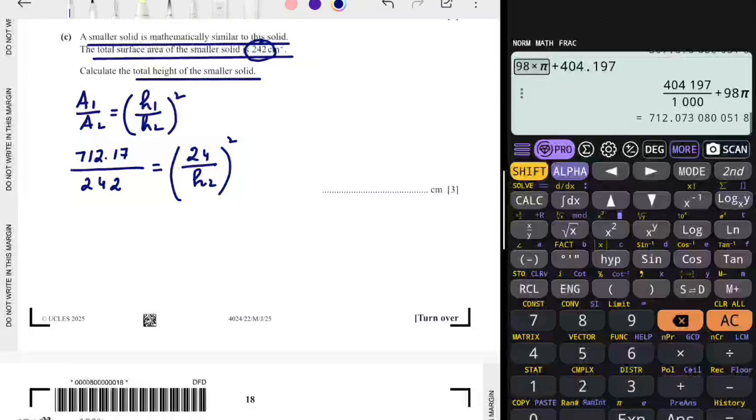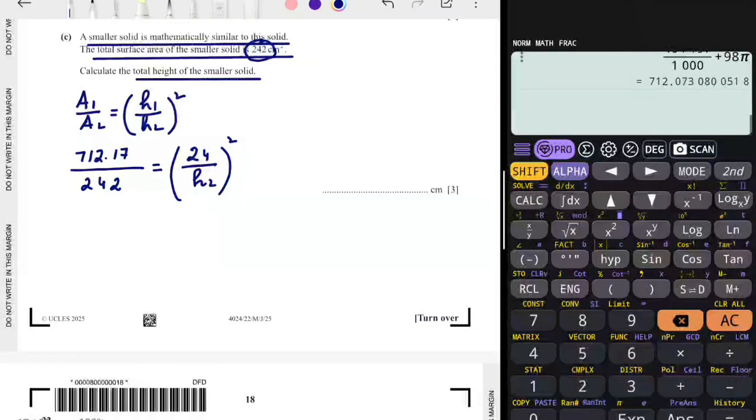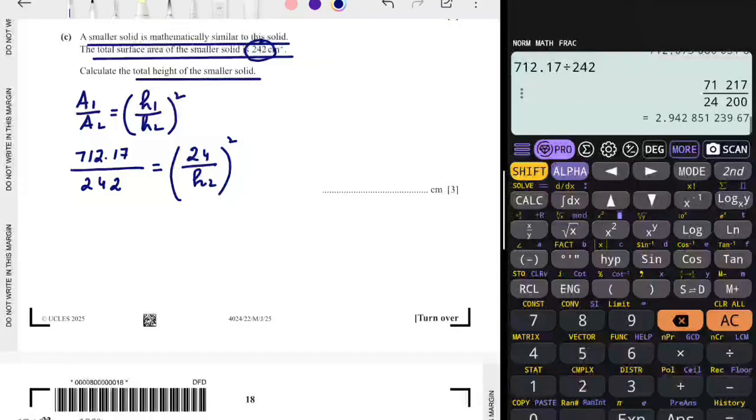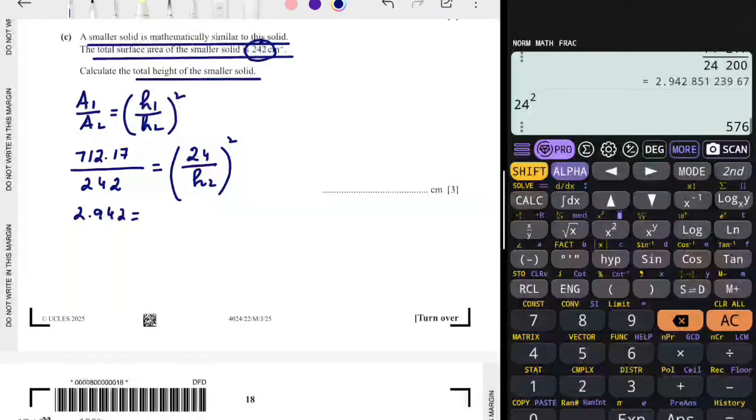So we can solve it. 712.17 divided by 242, so this becomes 2.942 is equal to square of 24, that is 576, divided by square of height.